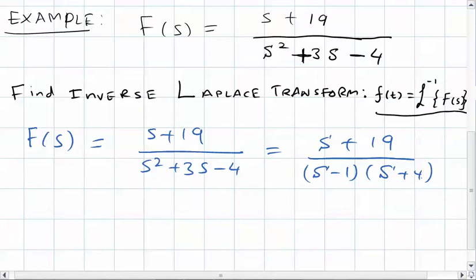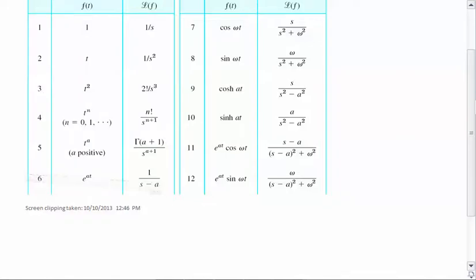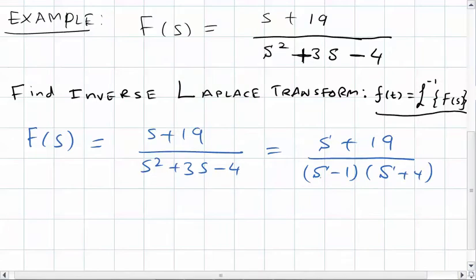Okay, so now, still, if you look at the table, there is nothing that looks like it here. So if I go back again, remember we have these two, we have a function that we need to Laplace transform.